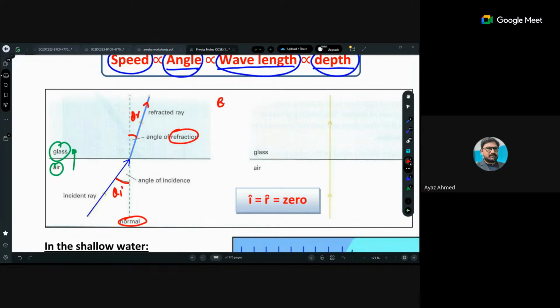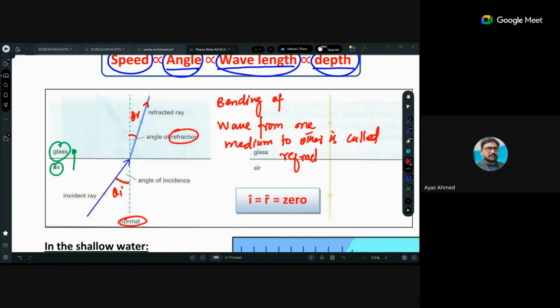So you can say that the bending of a wave from one medium to another is called refraction. What do we call it? Refraction. Okay, is it clear?